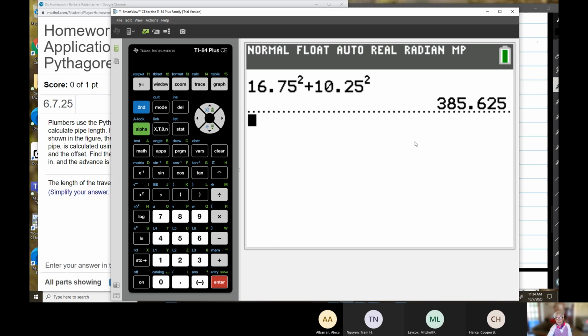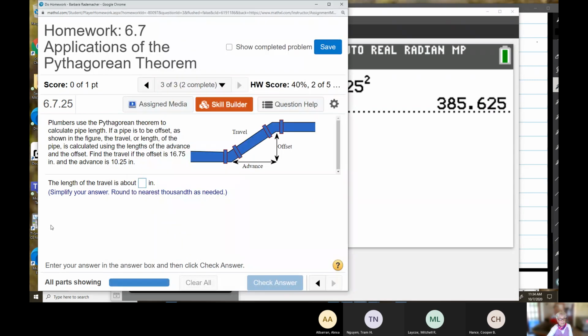We're not ready yet, but it could be. No, it wants the answer in decimals. My math lab usually likes fractions, but in the blue words underneath the answer box, it's asking to round to the nearest thousandth. It's looking for decimals. It would mark it wrong. So you have to be careful to do what's being asked.